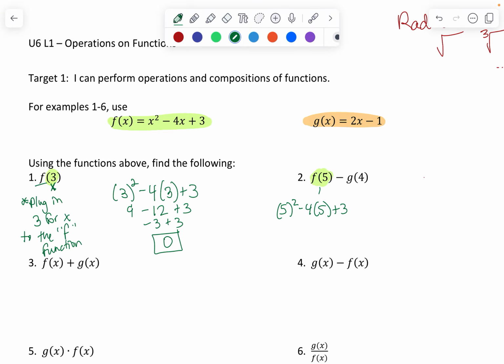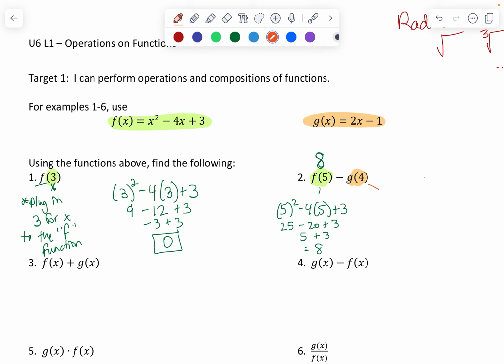Before I do anything with the g function, I'm going to find what that number is. You could type this in your calculator, but I'll do it because it's not that bad. 5 squared is 25 minus 20, that's 5, plus 3, we get 8. So that is the f function.